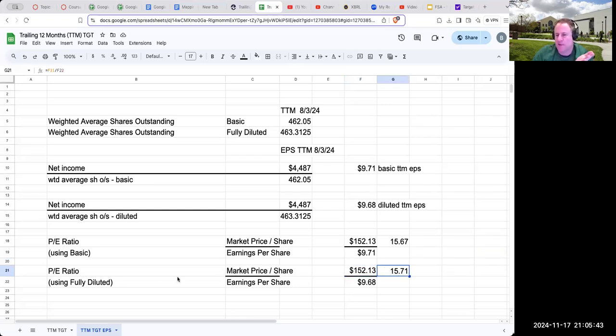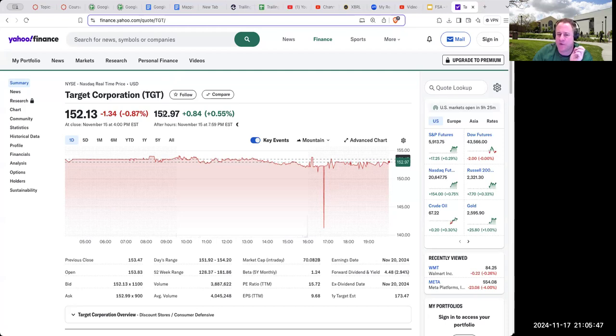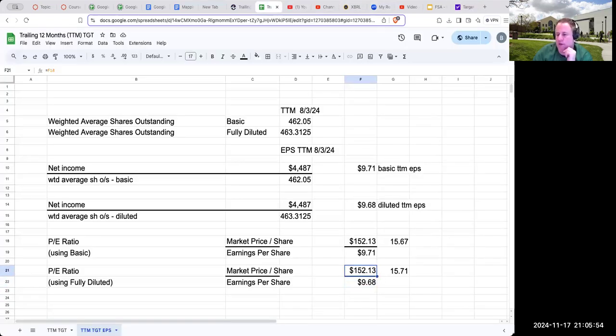Let's see if we put in the after hours closing price of 152.97 and see if that takes us to the right one instead of, nope, too much. So obviously we're close enough. We're off by a penny, but this is the importance of using the trailing 12 months.